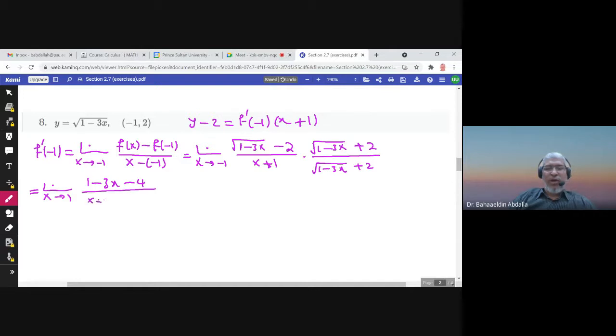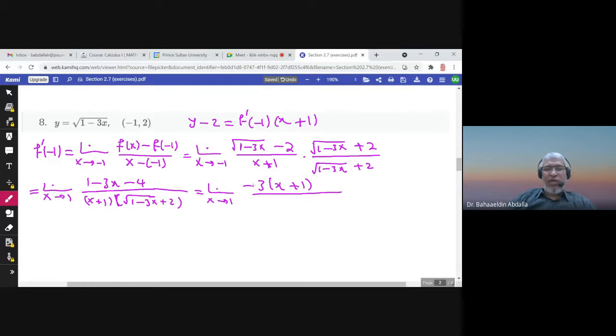And here I have x plus 1 times the square root of 1 minus 3x plus 2. Notice that in the numerator I have 1 minus 4, this is negative 3. So negative 3x minus 3, I can take negative 3 as a common factor, and I'll have x plus 1 in the numerator.